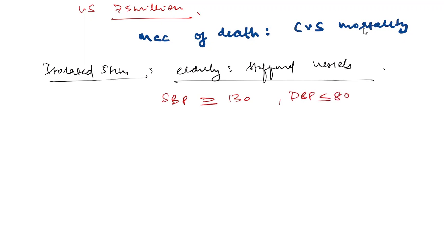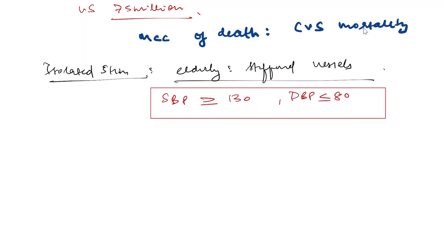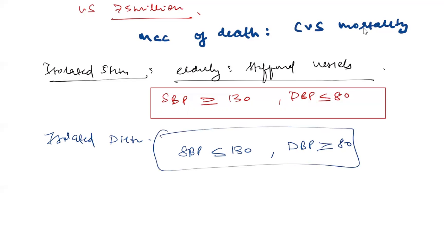Then we have isolated diastolic hypertension, in which systolic BP is less than 130 while diastolic BP is more than 80.